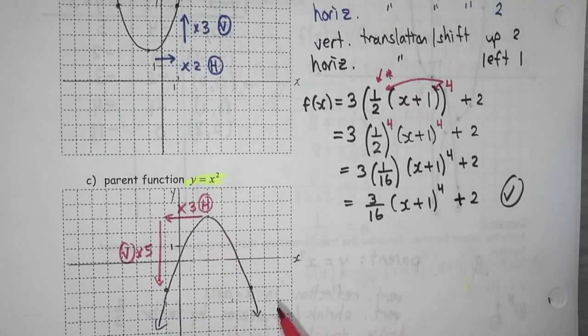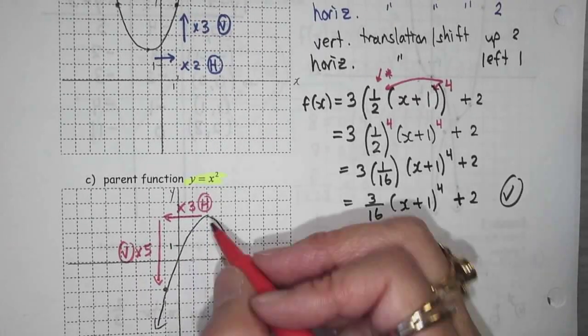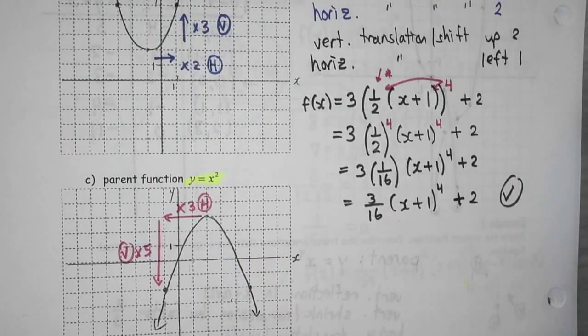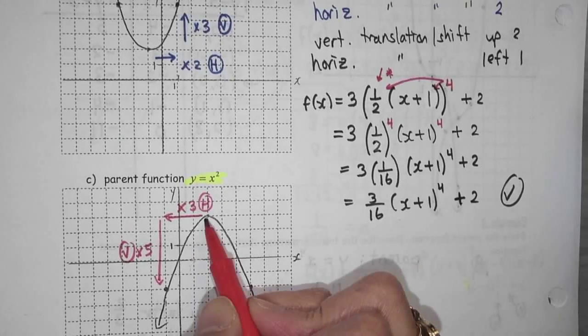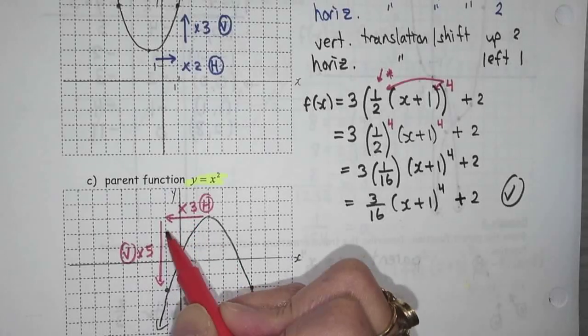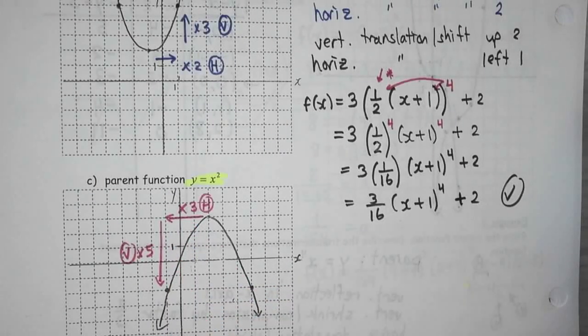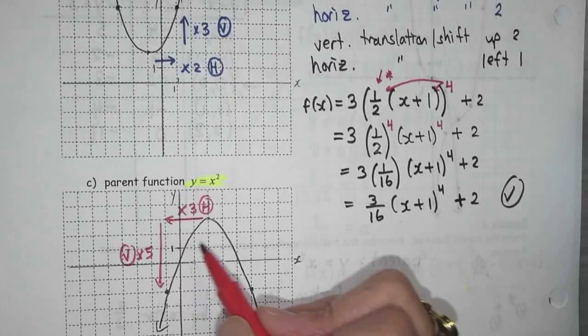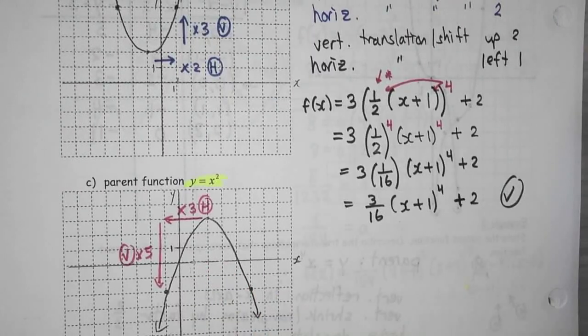So it's a horizontal, and it's reflection. So it's a reflection of a horizontal reflection as well. Okay, so times 3, times 5, 1, 2, 3, 1, 2, 3, 4, 5. And it is reflected, so I'm going to state all that.